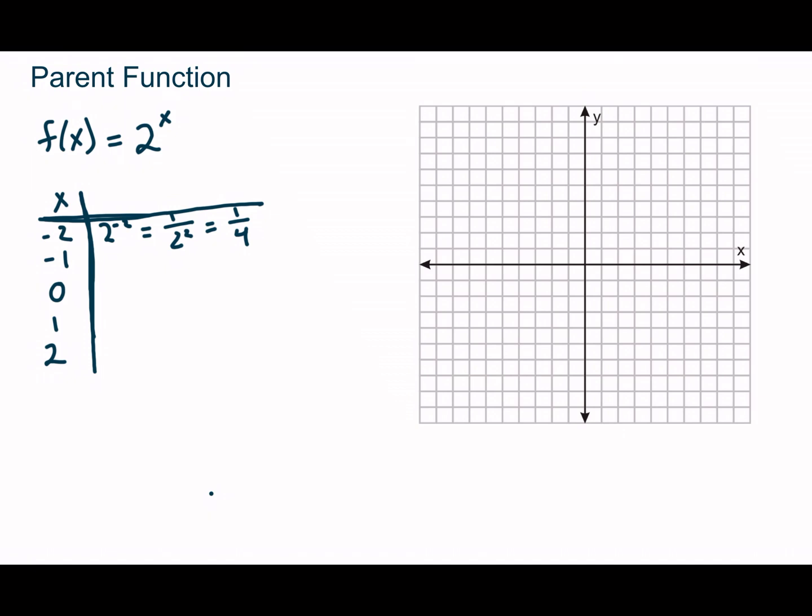So our exponential function, even though the x is negative, the y value is positive. All right, 2 to the negative 1 power, that's really 1 over 2 to the first, or just 1 over 2.